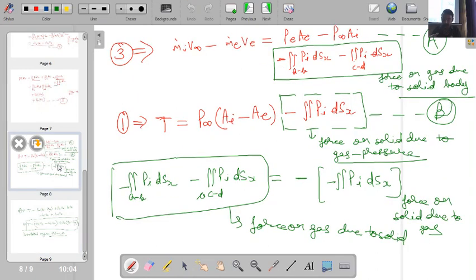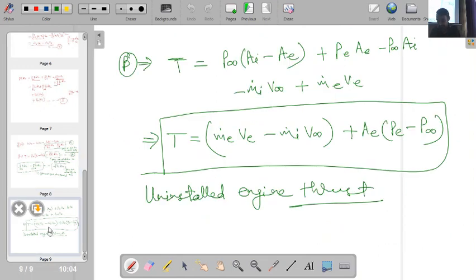I was having a simple force expression, integral of PdS. In that expression of the force, I have just substituted the momentum of the gas by employing the integral form of the momentum equation. So if you see the physical meaning of this thrust force equation, what is m dot E into VE?